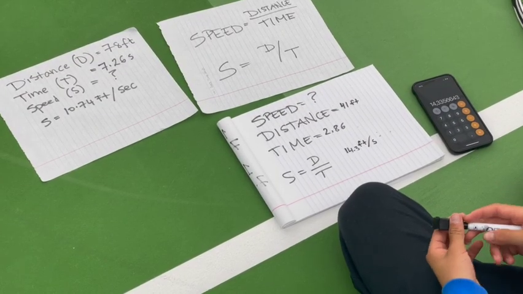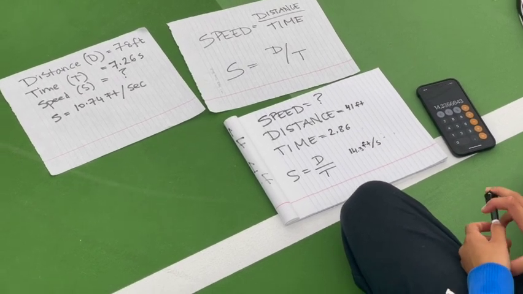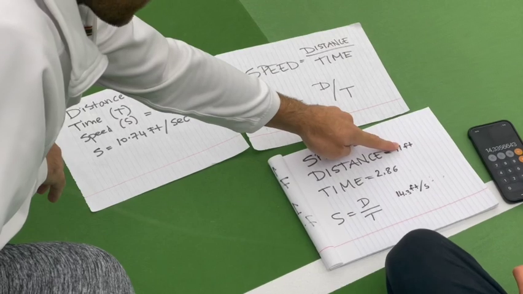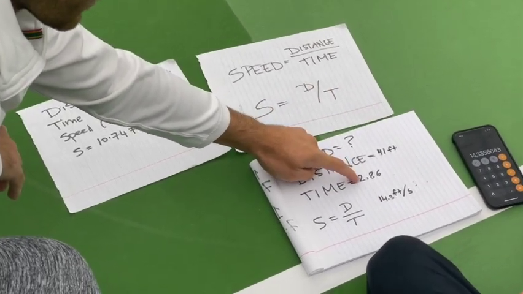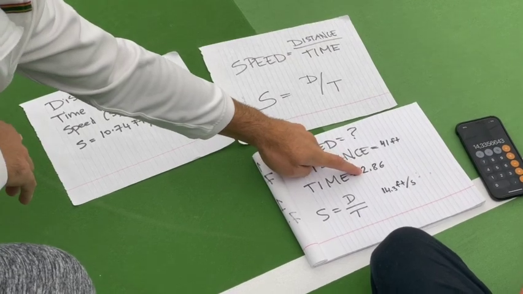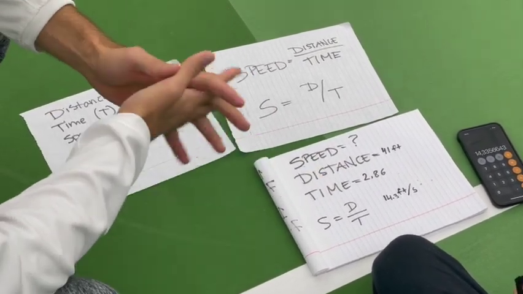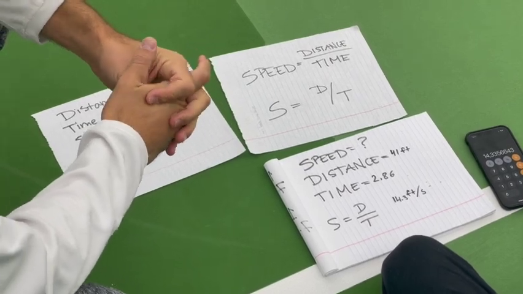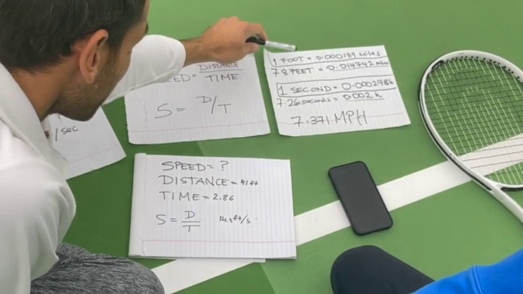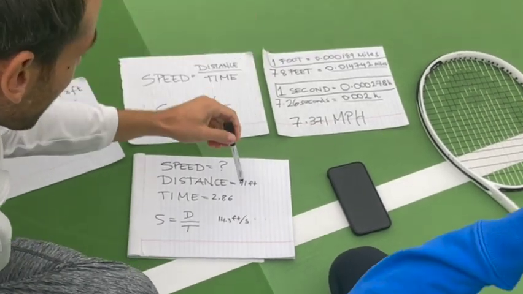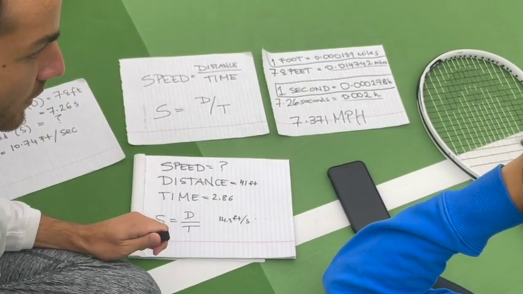If we wanted to convert this to miles per hour, we would have to convert the distance to miles and the time to hours. Do you want to go through that exercise? Let's try it. If 1 foot is that many miles, let's figure out how many miles are in 41 feet.